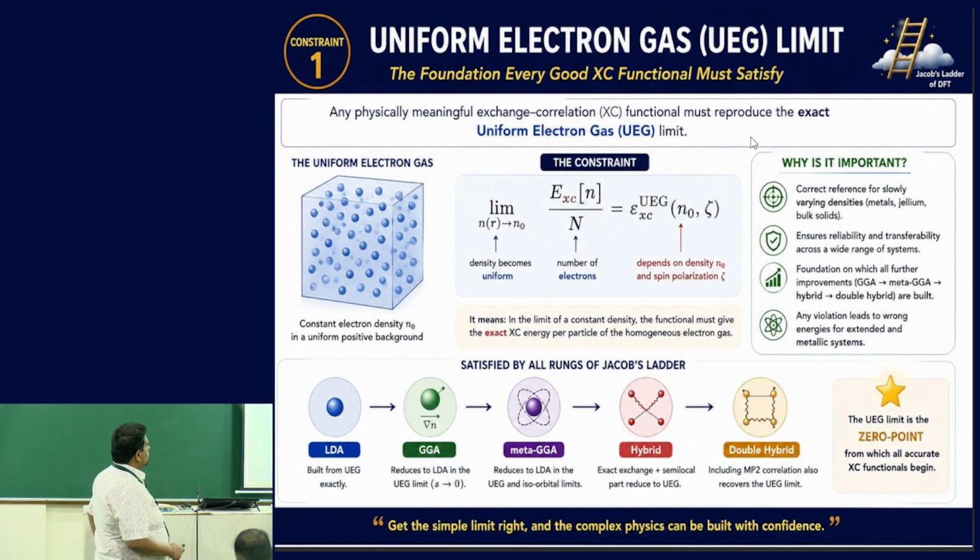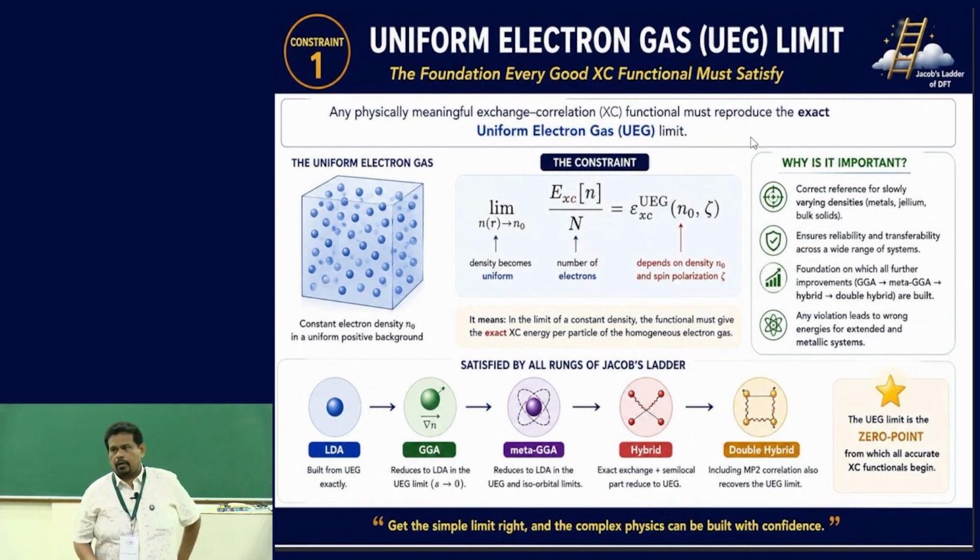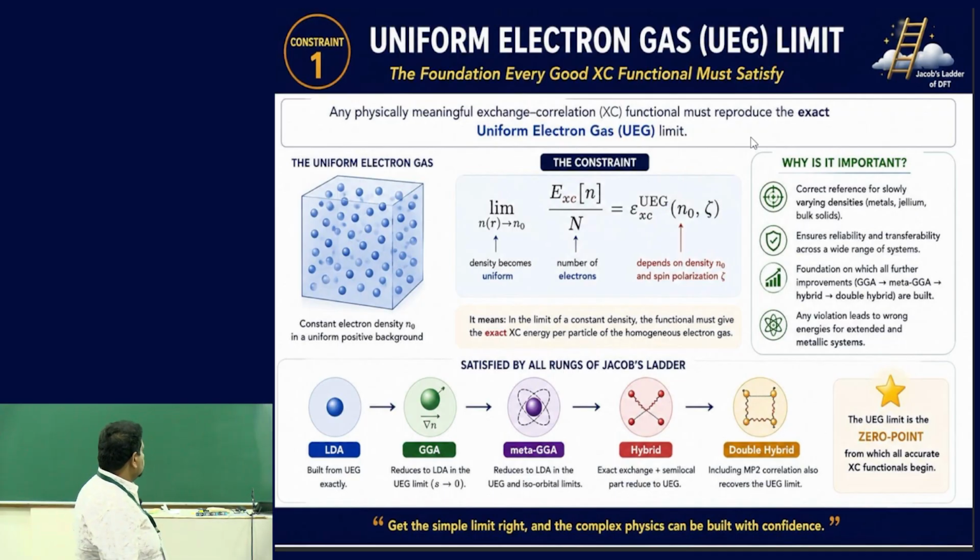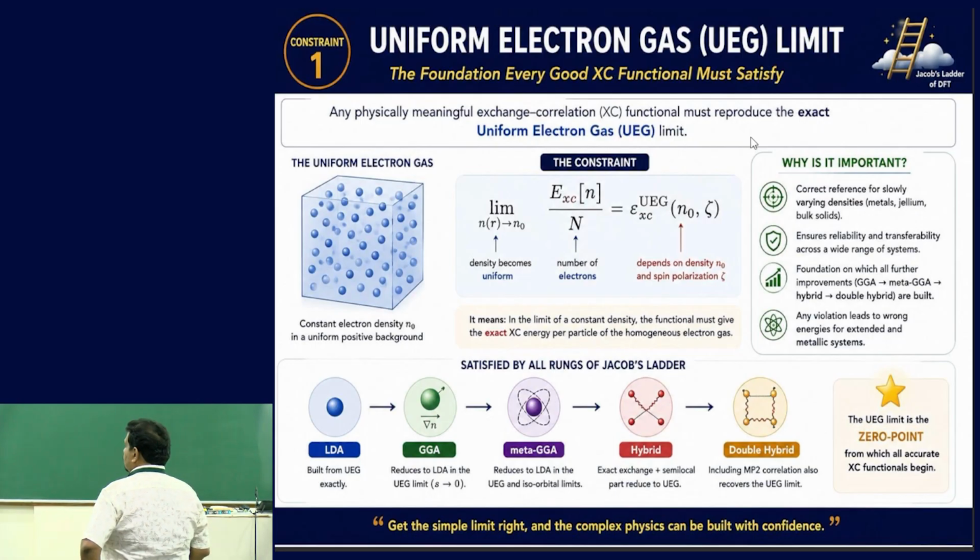This is the exchange correlation energy density for the number of particles. And what are the functionals? It's already there. The LDA functional is built in, and in the GGA functional it's also there, and in meta GGA and all these. Okay, that is the uniform electron density.